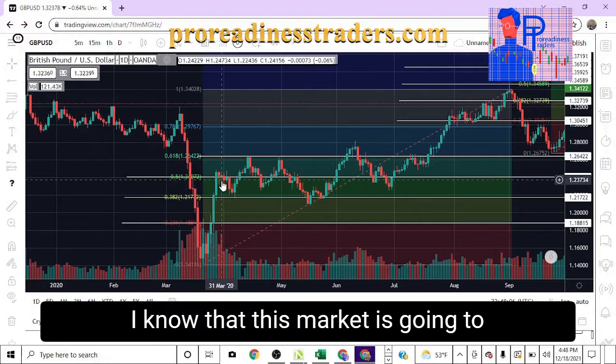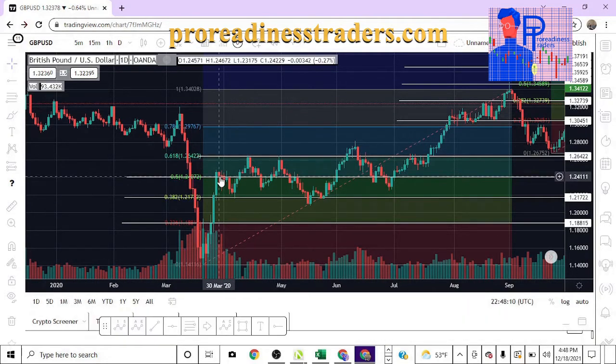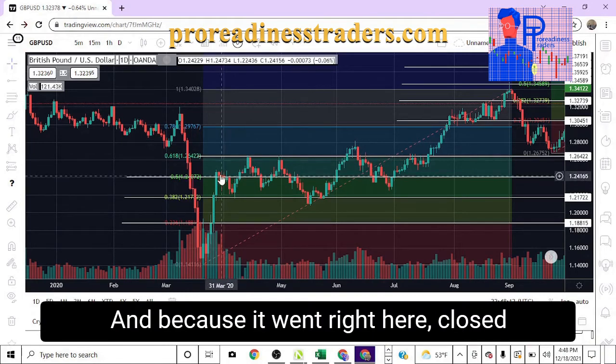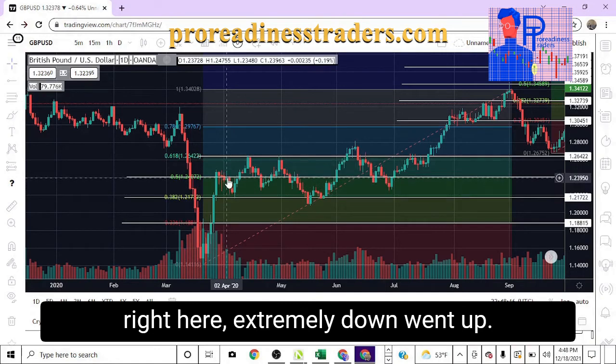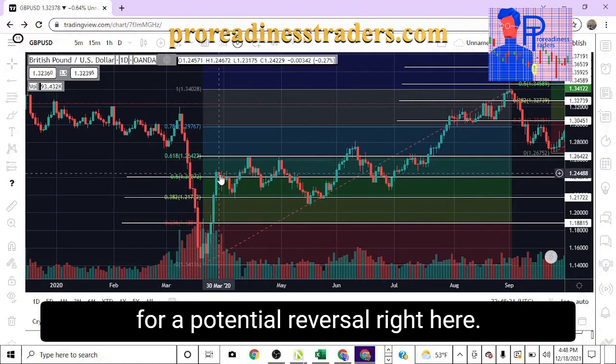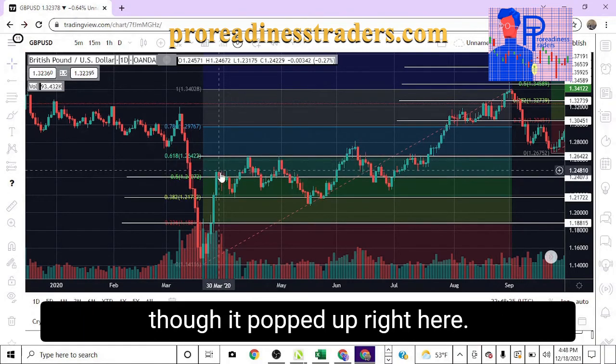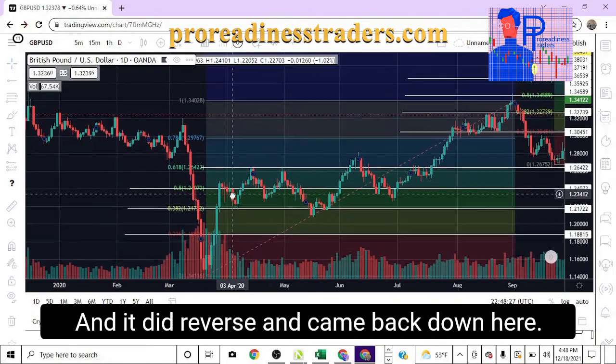I know that this market is going to swing down or it's going to swing up, right? And because it closed right here extremely down, then went up, I could have gotten in the market for a potential reversal right here. This would have been the reversal, even though it popped up right here and did reverse and came back down.